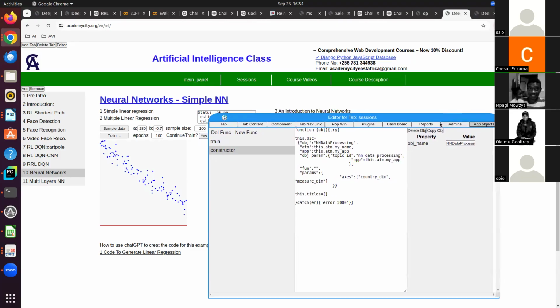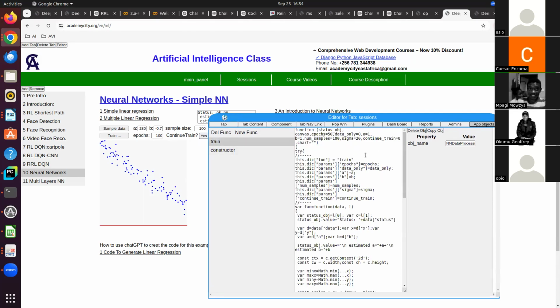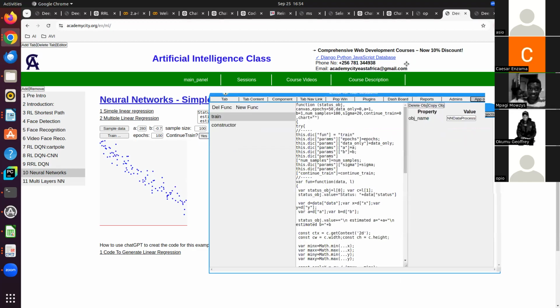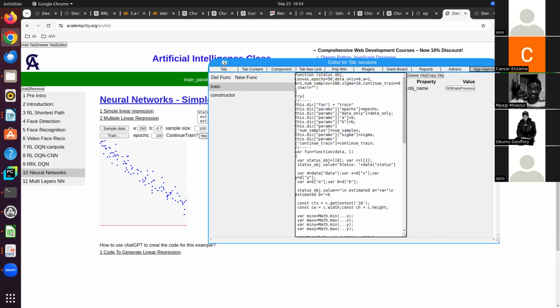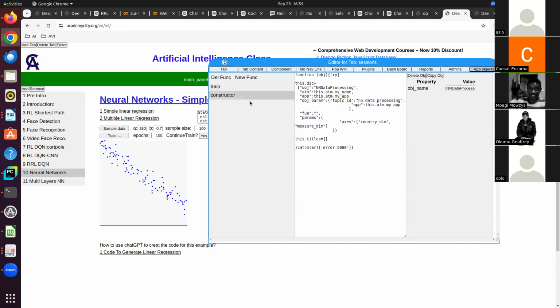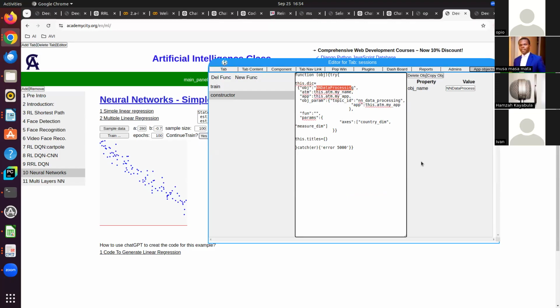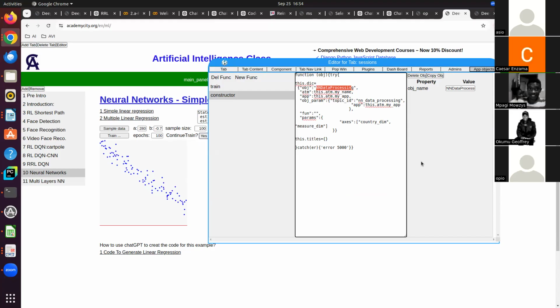So anyway, these objects have a function called train. And this one basically has a way to communicate to the Python. And by the way, here I give it the parameters for which object. There is an object here called NN data processing. This is an object in Python. So JavaScript sends this to Python, Python receives it, and generates an object in Python.